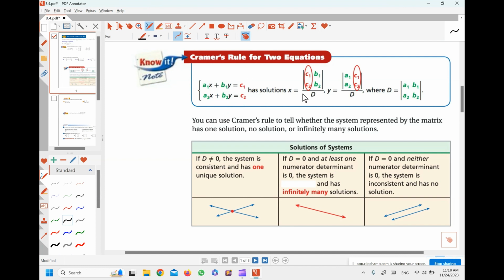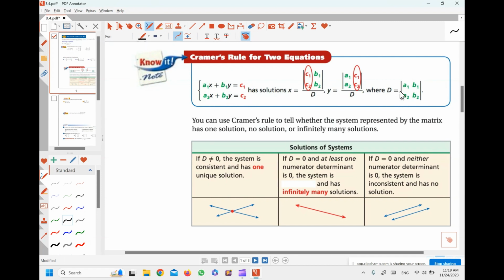And then to find x or y, we should use the coefficient determinant at the bottom. By coefficient matrix I mean, take the coefficients of x's and y's and write them inside the matrix. So the coefficient of x, a1, coefficient of y, b1 for the first row, and for the second row, a2, b2.